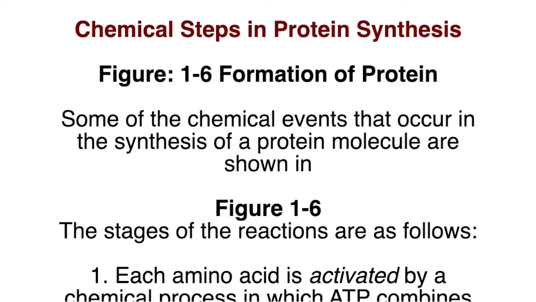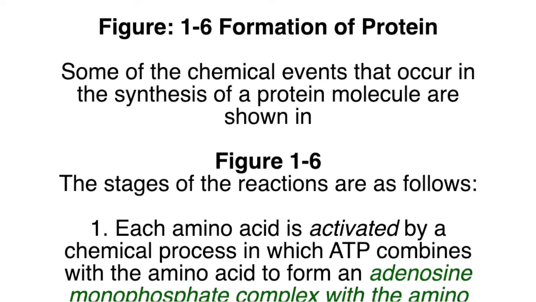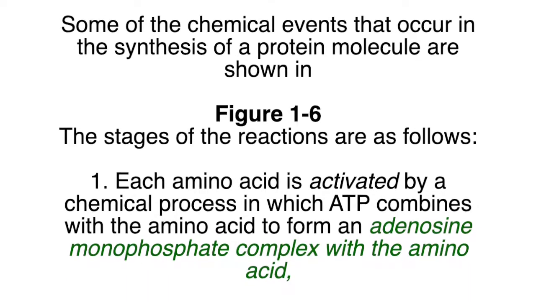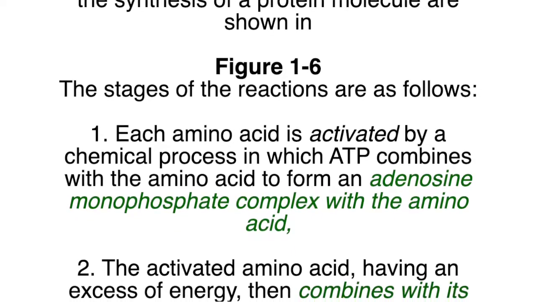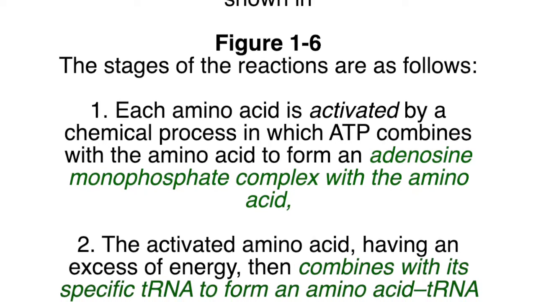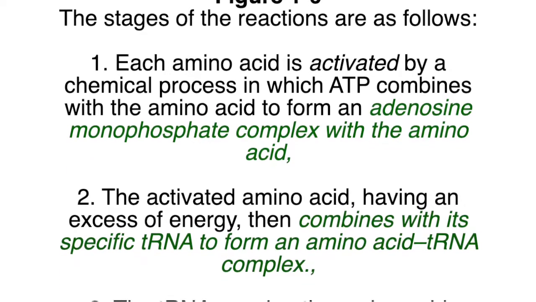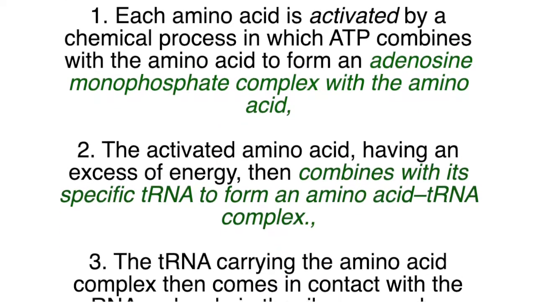1. Each amino acid is activated by a chemical process in which ATP combines with the amino acid to form an adenosine monophosphate complex with the amino acid. The activated amino acid, having an excess of energy, then combines with its specific tRNA to form an amino acid tRNA complex.